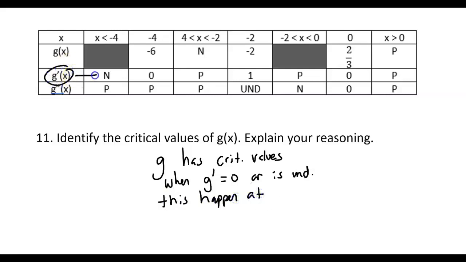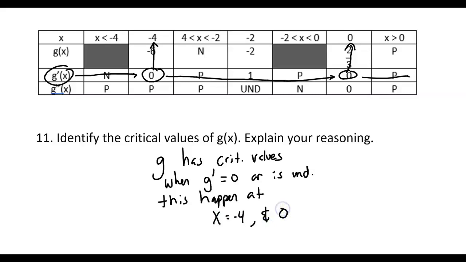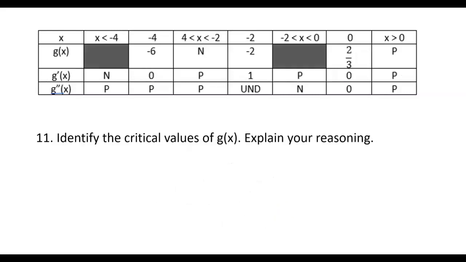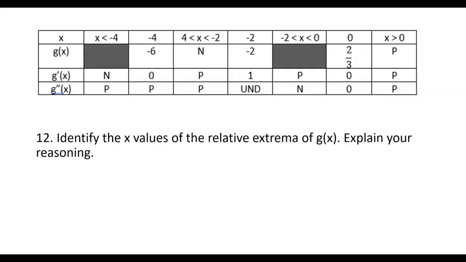And I'm going to look through this row to see if anywhere equals 0 or undefined. There's 0. And there's 0. There's no undefined though, so we have two places where my derivative equals 0. And these things happen at x equals negative 4 and x equals 0.